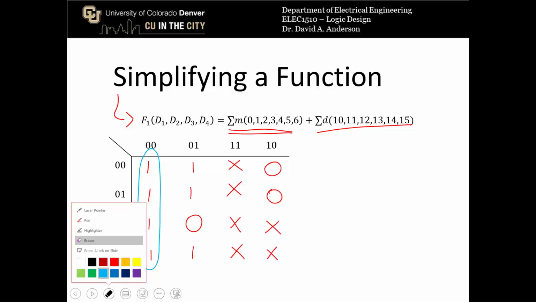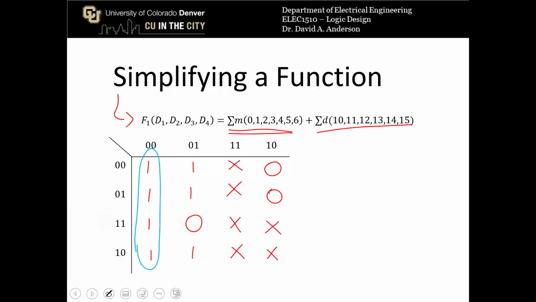So this term is one of our essential terms, and it is d1 prime d2 prime. And let me fill in on the map what the terms are: d1, d2, d3, d4.